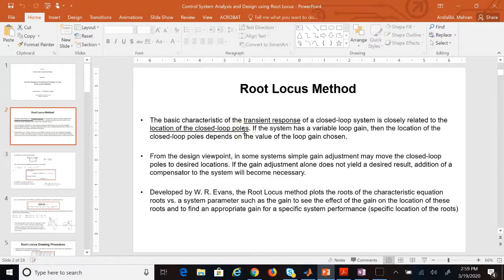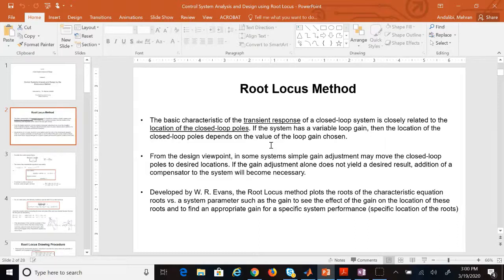Now we want to see the effect of changing a parameter on the location of these poles. We learned that we cannot choose any number we want for a gain in the system, right? In the previous chapter, in the Routh-Hurwitz method, we learned that only for a range of some parameter, let's say k, in a transfer function, the system could be stable.